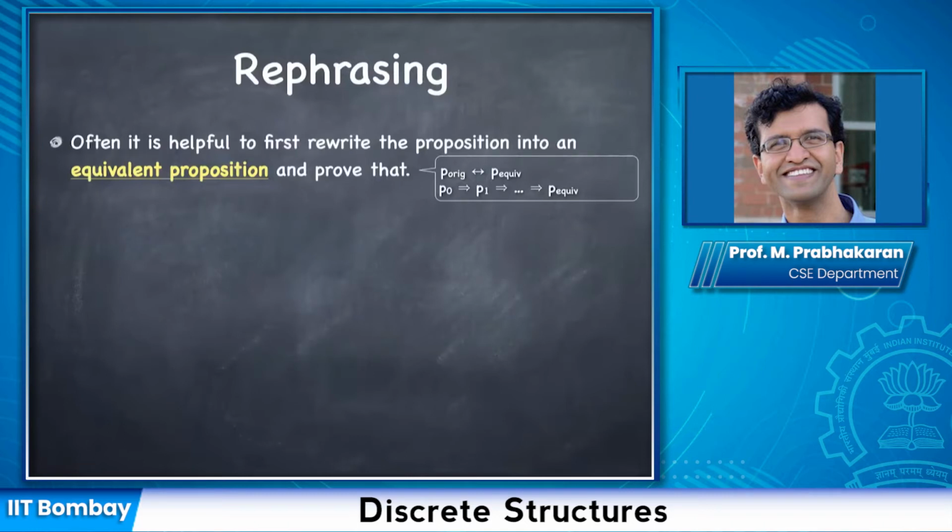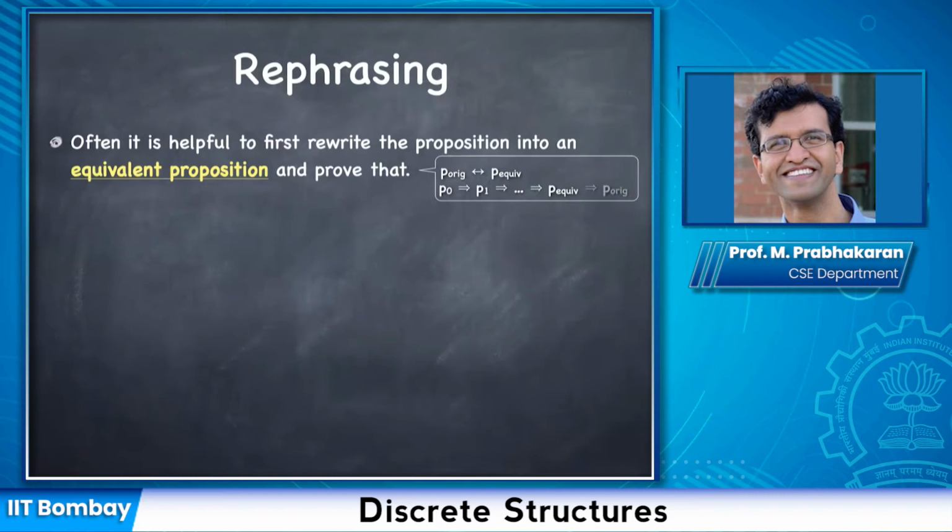That equivalence should be evident. It should come from propositional calculus, something basic, and you state that equivalent statement and then go ahead and prove that equivalent statement instead of the original statement.